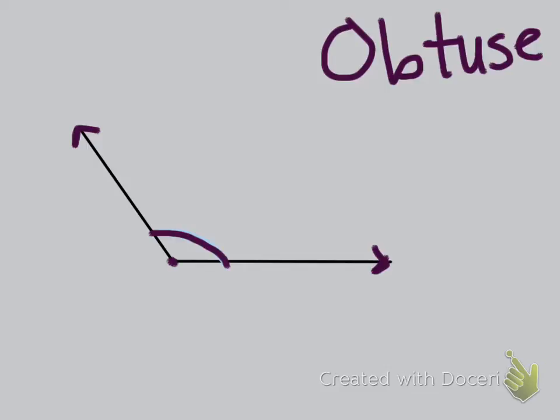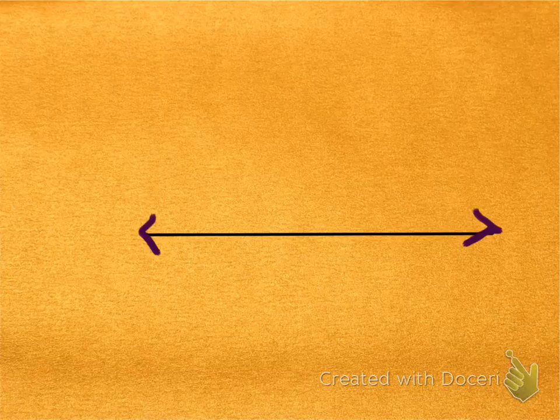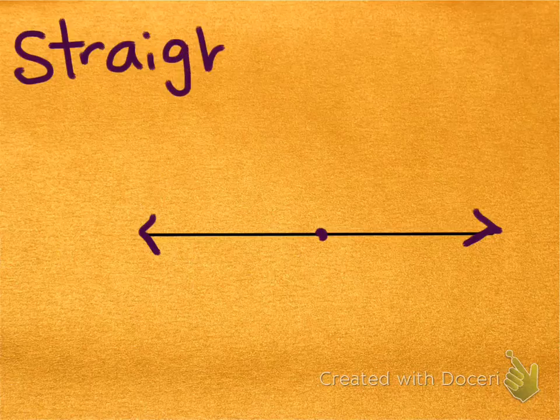All right. And last but not least, this angle looks like a straight line. So it's kind of giving you a hint as to what this could be called. If it's a straight line, we're going to call it a straight angle.